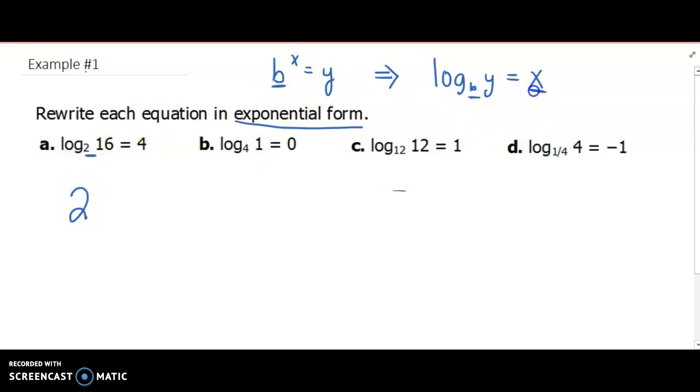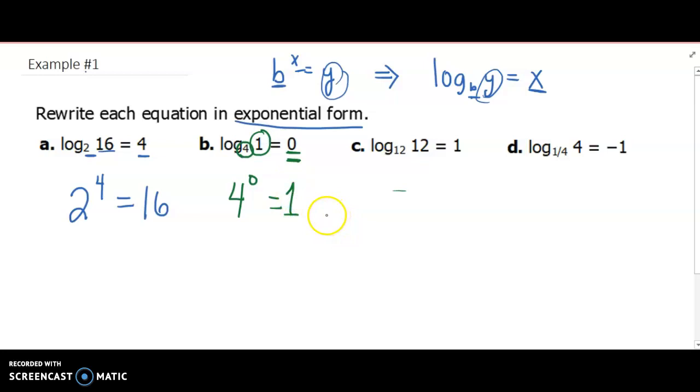My exponent is my x, so my x here is 4 equals my y, which is 16. Here my base is 4. My exponent is 0. What it equals is right here. So 4 to the 0 equals 1.